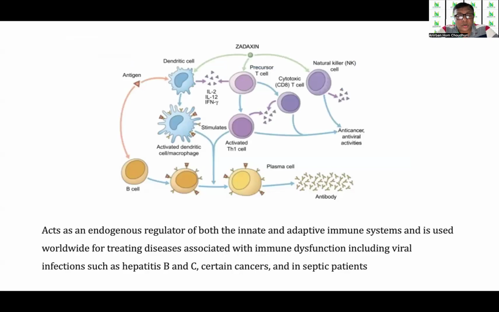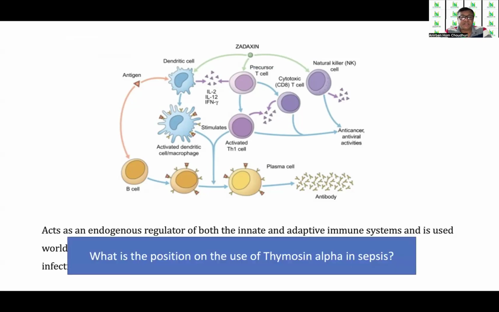Now, it is also known that this drug, thymosin alpha, acts as an endogenous regulator of both the innate and adaptive immune systems. So if it is found useful, it can handle both immune systems, and it is used worldwide for the treatment of diseases associated with immune dysfunction, which includes viral infections like hepatitis B and C, certain cancers, and septic patients.